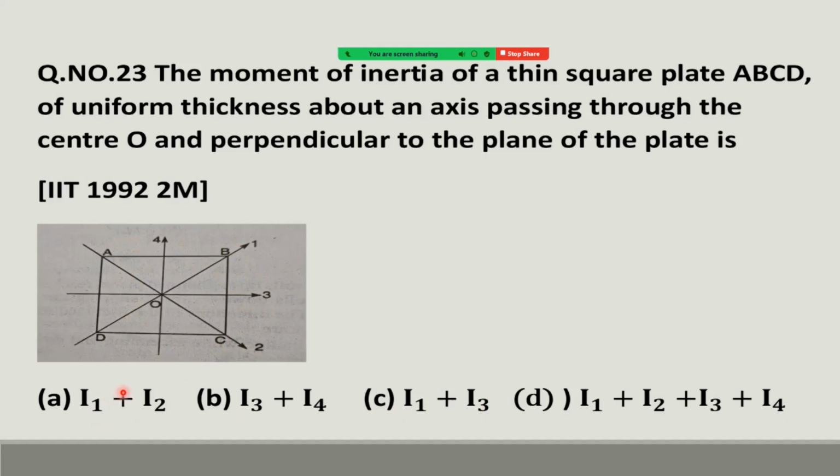You can take any combinations. So the answer is A, B, and C. Okay, you can take any two. That is the answer. D is not the answer because you have taken 1, 2, 3, 4. Okay, that's why. So here you can take any two combinations. So the final answer is A, B, and C. This was asked for 2 marks in 1992.